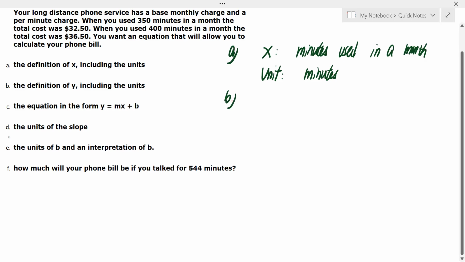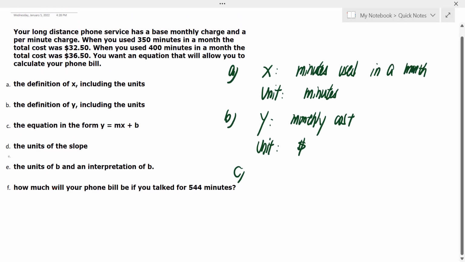So the total monthly cost depends on the minutes used. So the y value should be the monthly cost, the monthly charge. And then the unit here must be dollars, right? Dollar.